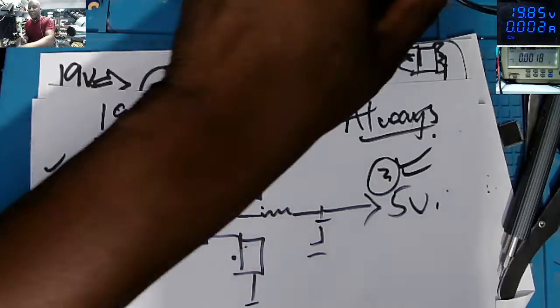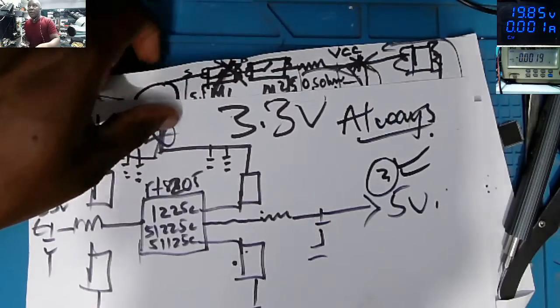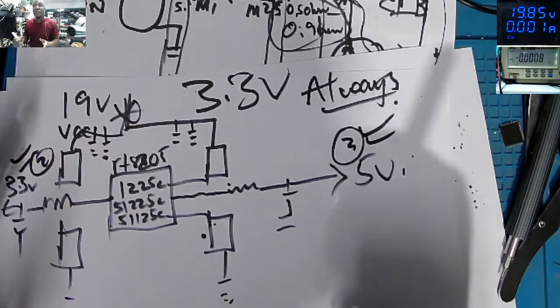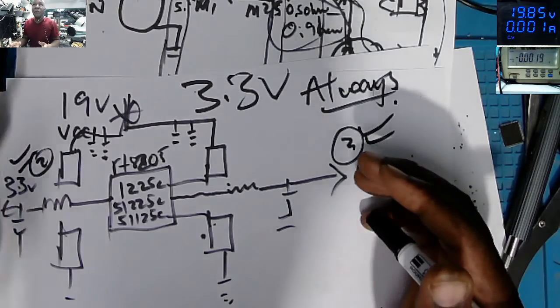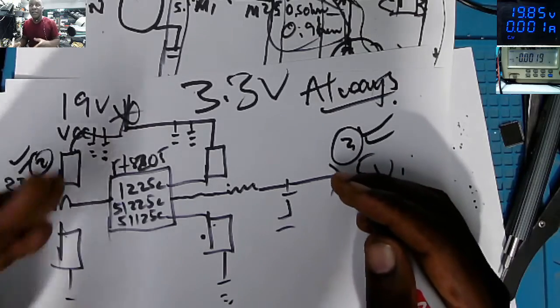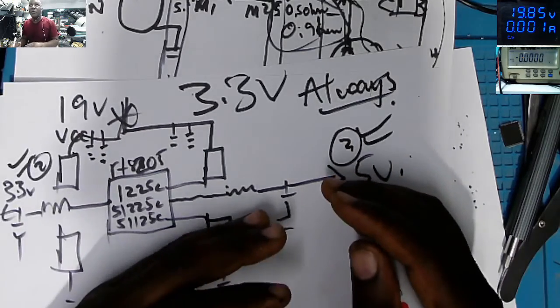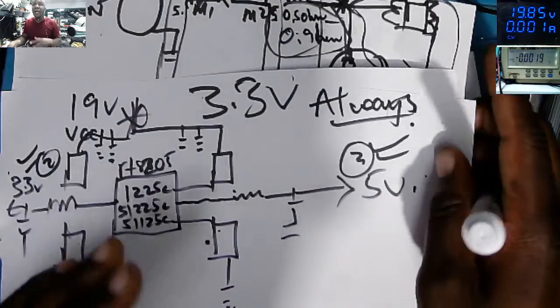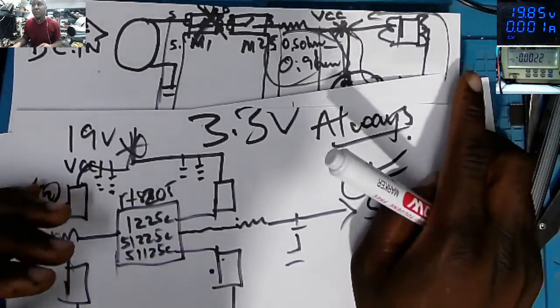Because if we have a faulty motherboard, check these two power supplies, the 19 volts and the 3.3. Just knowing these two power supplies, you can fix 90% of the laptops.